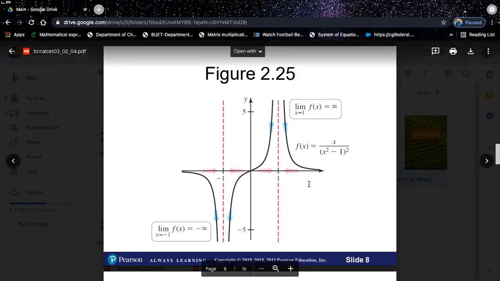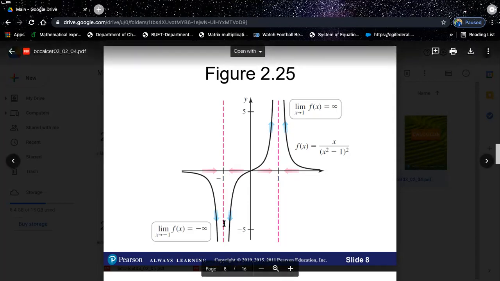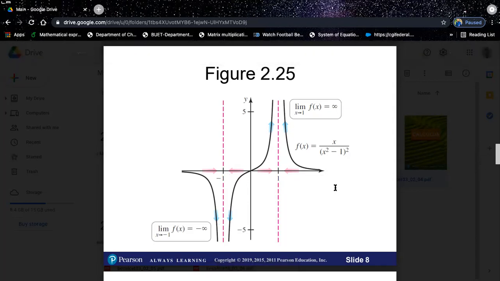So with that graph, the question will ask you to find the limit when x tends to a certain value. Like for this one, we can eyeball that when we are approaching towards 1 or -1, it's actually approaching infinity or negative infinity.